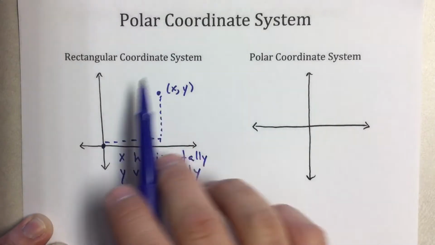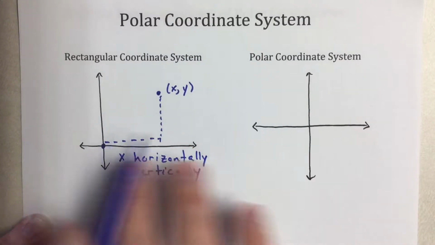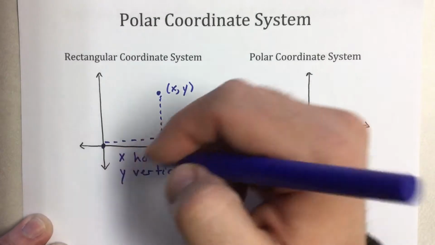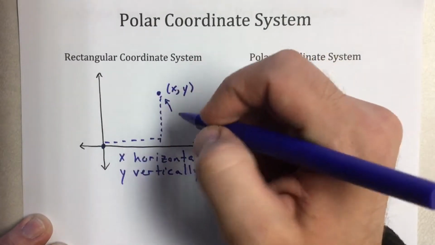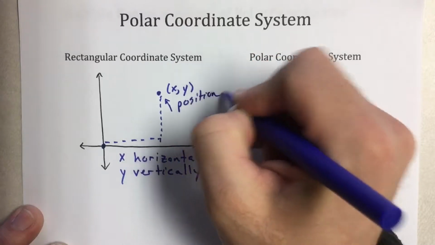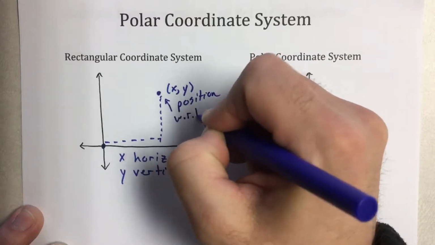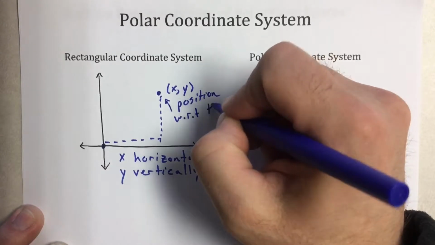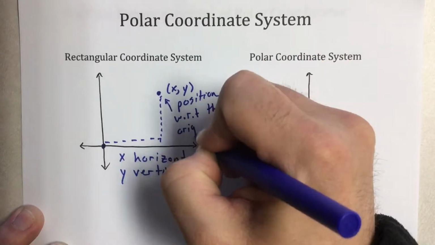So hence rectangular system, going right or left and then up and down. Remember, this is just a simple position with respect to, WRT, the origin.